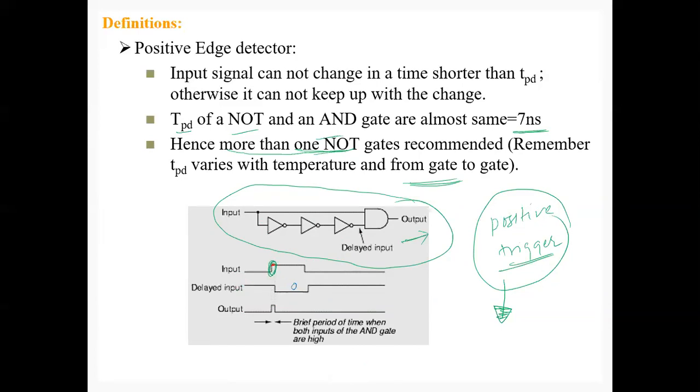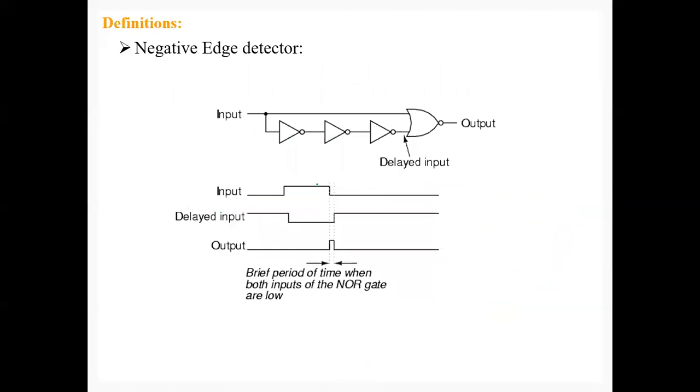See, at the positive edge you get the trigger right here. That's why this is also called positive edge detector. So similarly, you can do the negative edge detector. So how do you detect this negative edge, right? If you want to detect the negative edge, then you can have the NOR gate instead.